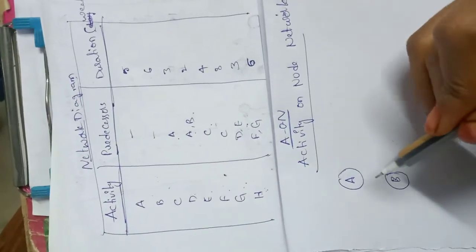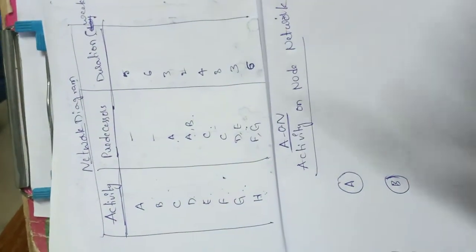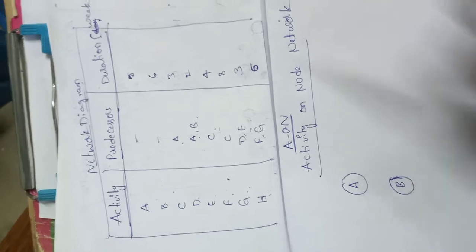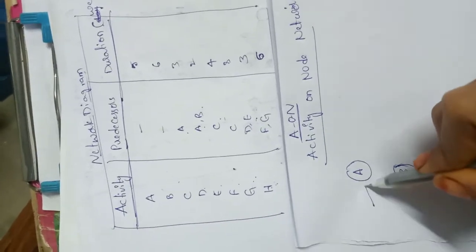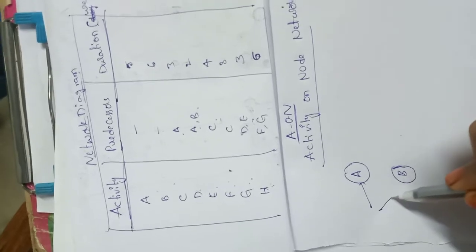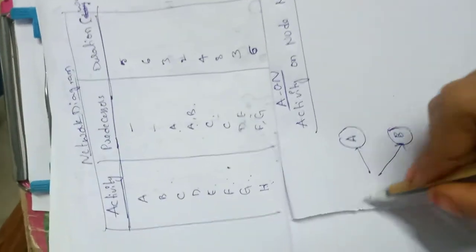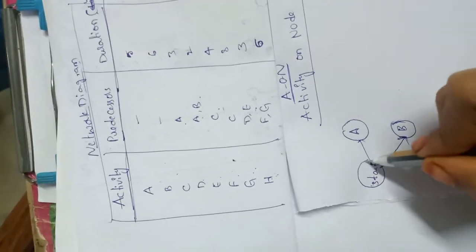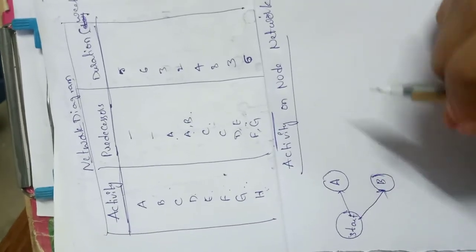But before that we need to have only one common starting point and one common ending point for our entire network diagram. That is one common rule. So to make that, I'll be making one starting node that should connect activities A and B. That is start. This is my starting node. From here I'll be starting my network diagram.